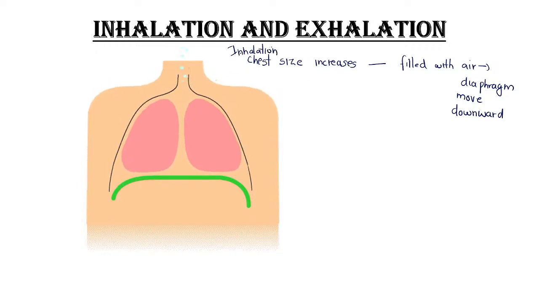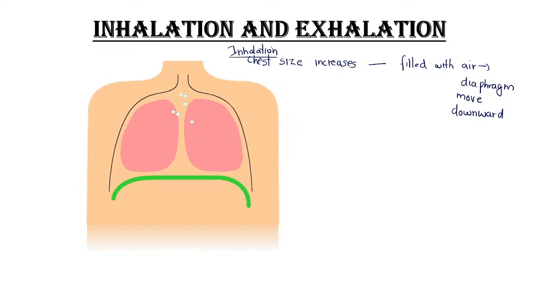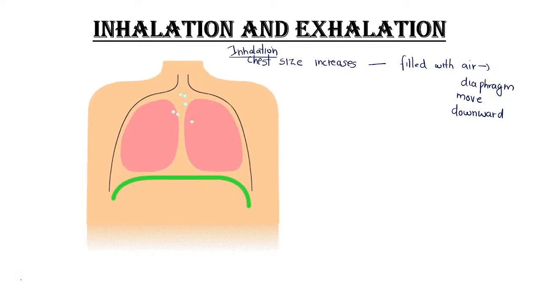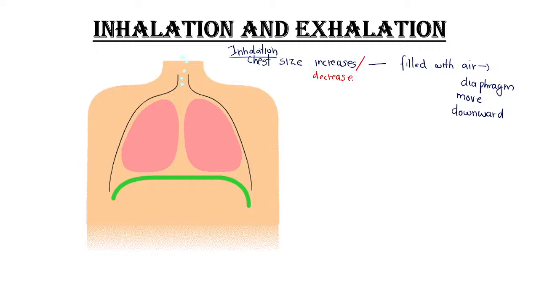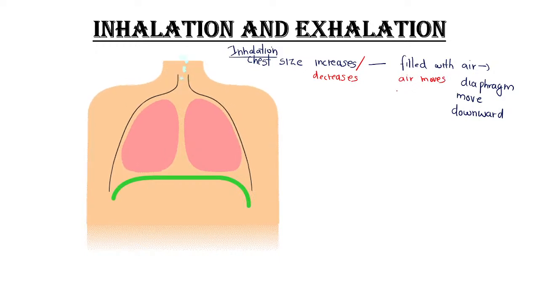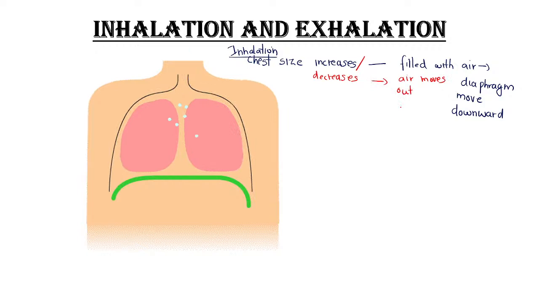During exhalation, it is just the opposite. What happens during exhalation? Chest size decreases. Why does it decrease? Because air moves out of the lungs. So what happens to the diaphragm?